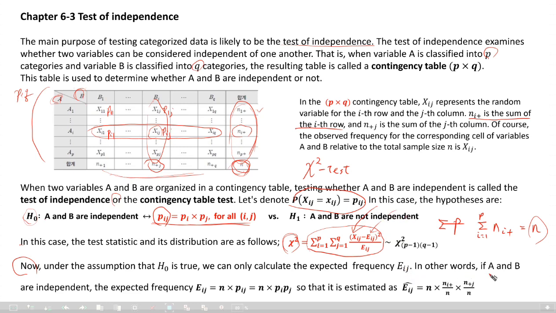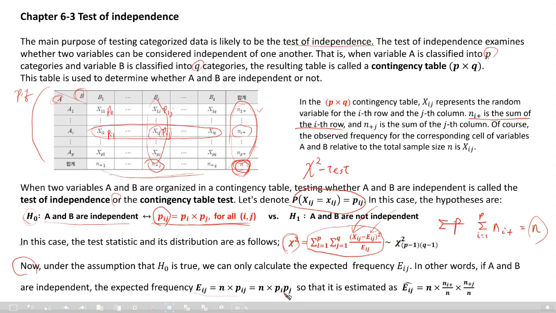In other words, if A and B are independent, the expected frequency E_ij is n times the probability of this cell, p_ij, right? Under H0, it is n times p_i p_j.